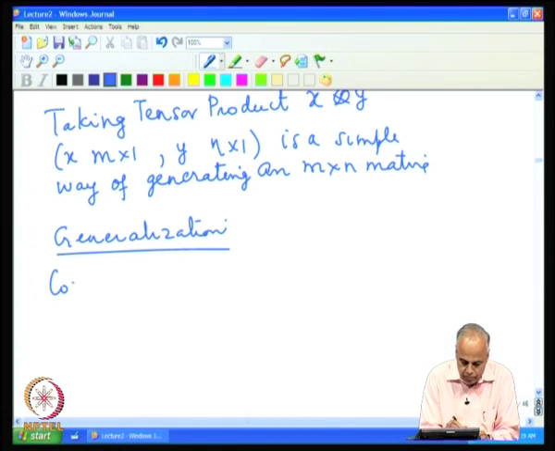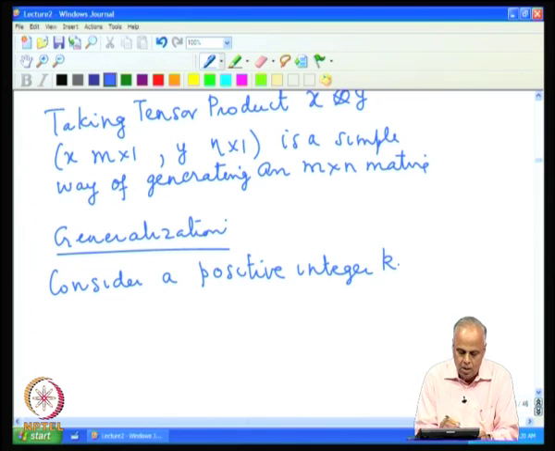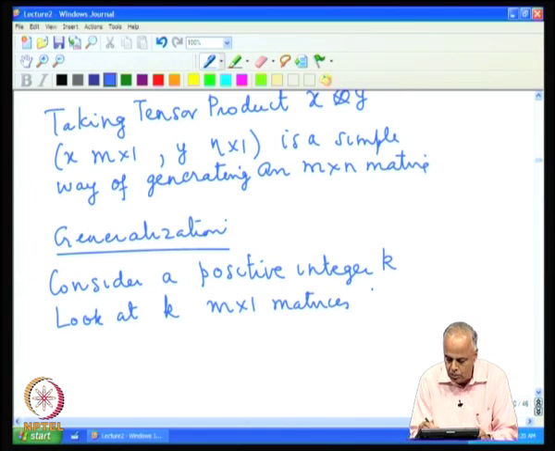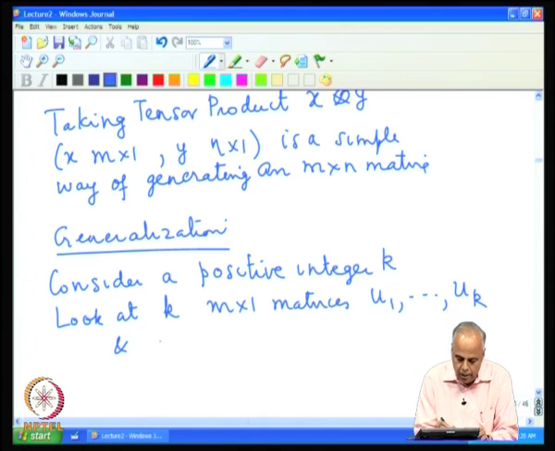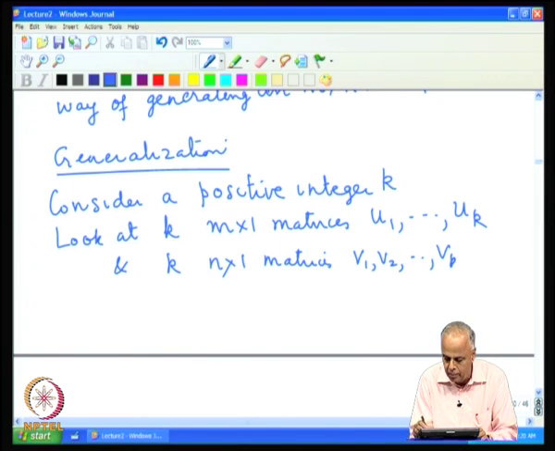Consider a positive integer k, and look at k m by 1 matrices or column vectors u1, u2, ..., uk and k n by 1 matrices v1, v2, ..., vk.